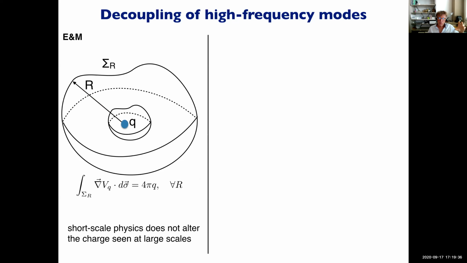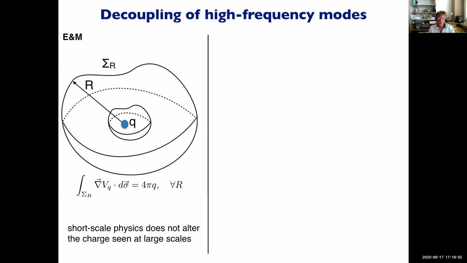There is another interesting connection, or in fact, difference between gauge dynamics and Higgs dynamics, and that's the decoupling of the high-frequency modes. If we look at electromagnetism, we have the Gauss theorem. The Gauss theorem tells us that it doesn't matter how far we are from a charge.